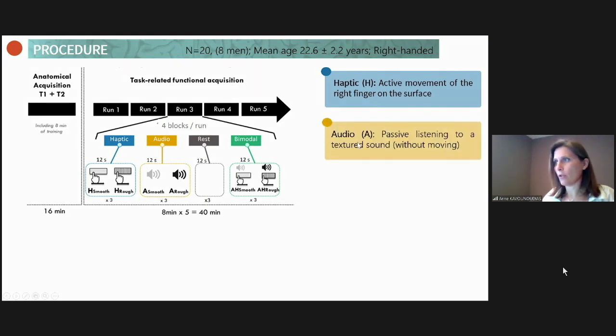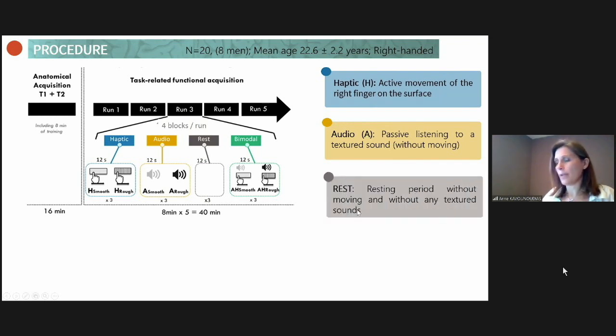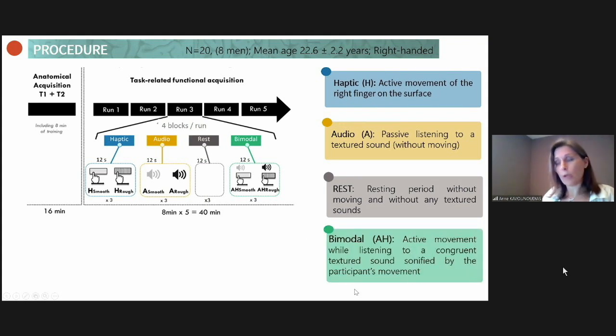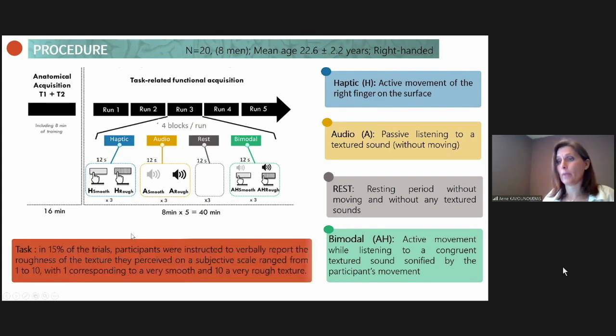Another block was the audio block, consisting of passive listening to a texture sound. The rest block was basically a resting period during which the participant did nothing. And the bimodal block, consisting of moving the finger while at the same time perceiving the sound, which was congruent with the texture explored by the subject.